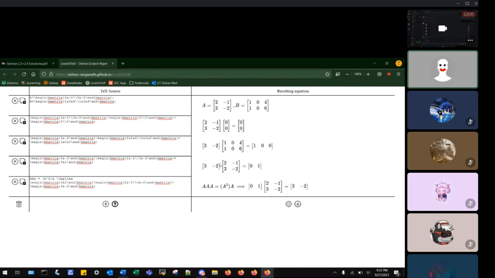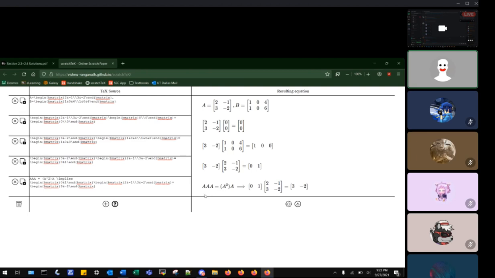Now if you want to find row 2 of A squared, you find row 2 of A times all of A. Again, you do it component-wise, and that gives you 6 minus 6 is 0, negative 3 plus 4 is 1.